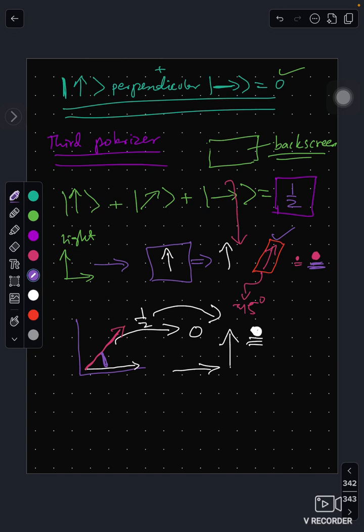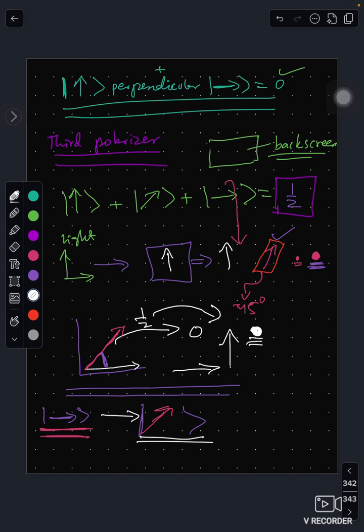So after this, okay, let's talk about the states. Let's suppose right now the light is in this horizontal state, and when it moves forward we put a diagonal polarizer in front of it, and we take it as we have done a measurement.